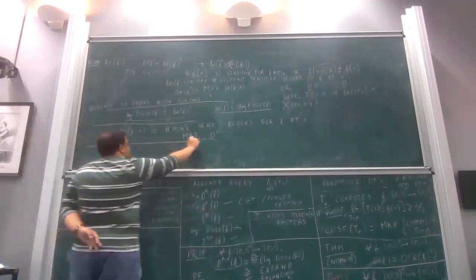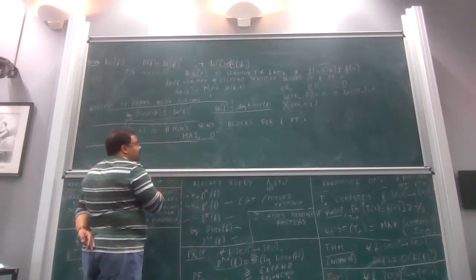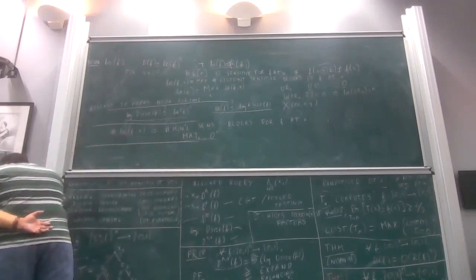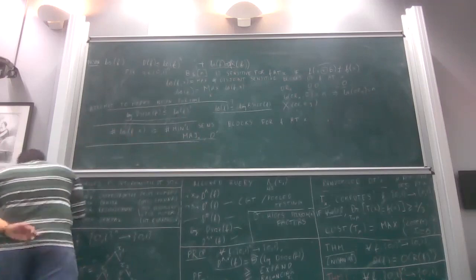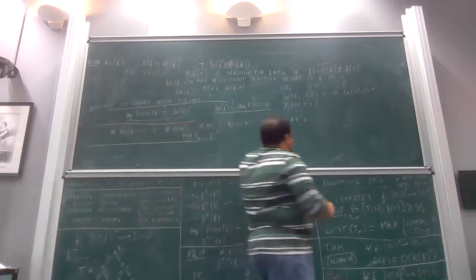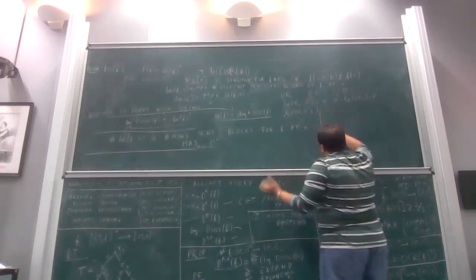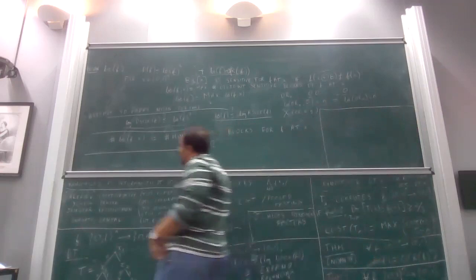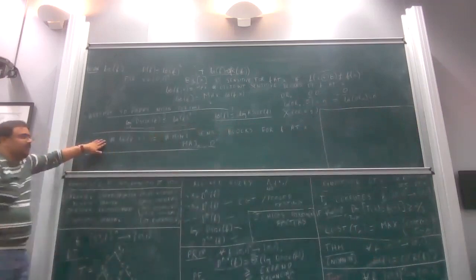And so we do show that this is the right measure. So first, I should say that after we define this, we realize that this has already been defined in previous work.